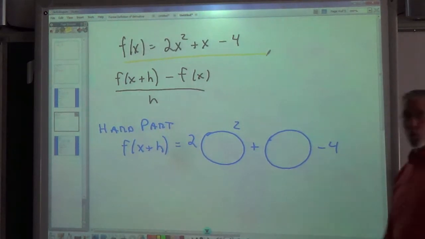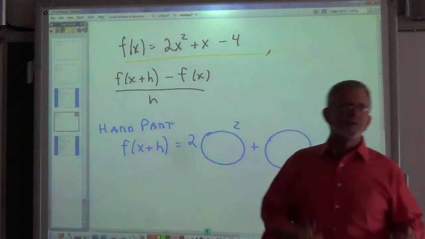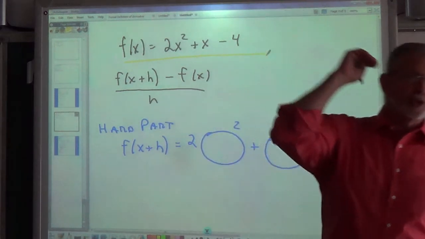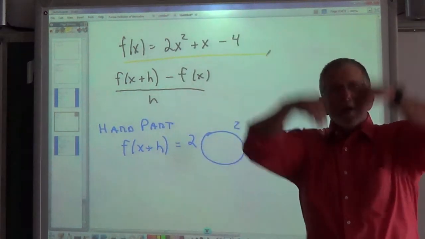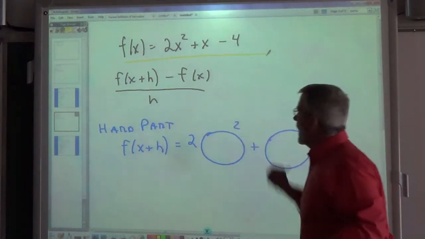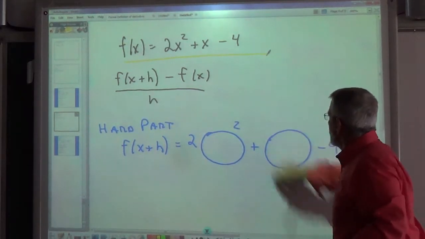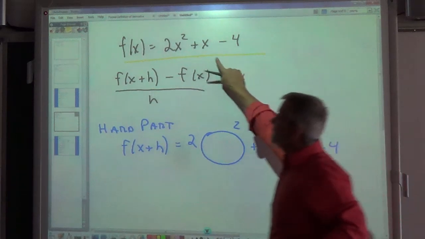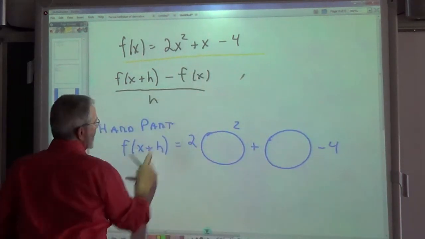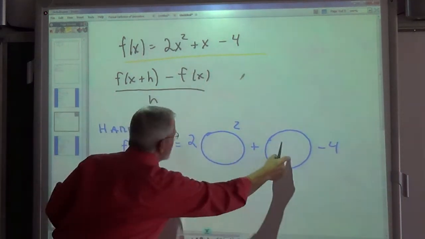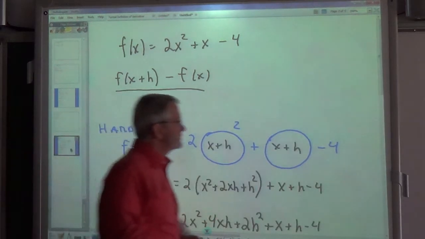And what am I going to do? What does my rule tell me to do? It tells me to take 2 times whatever I put into the function, squared, plus whatever I put in, minus 4. That's what my function says to do. And now I'm going to put x plus h in there, and here we go.